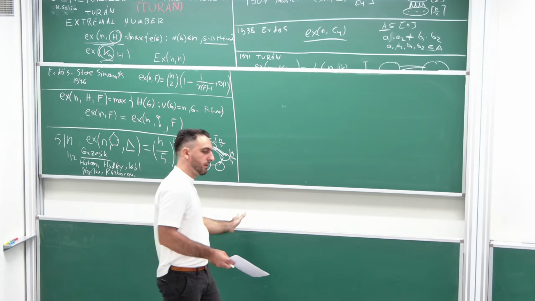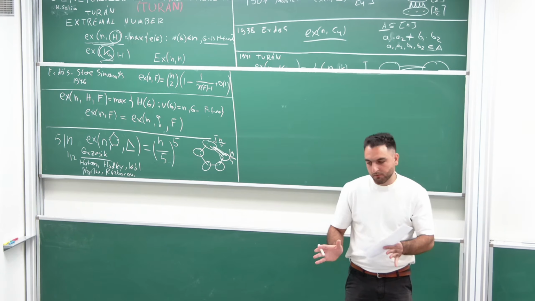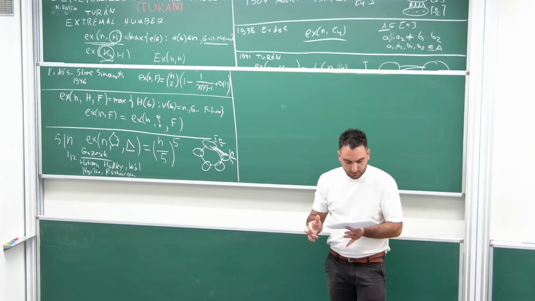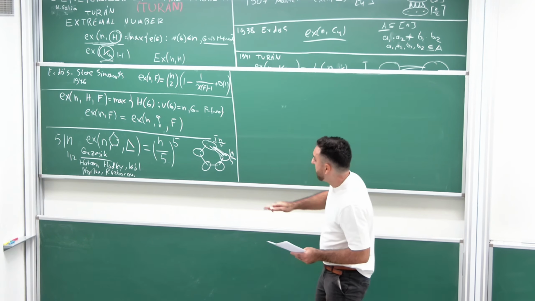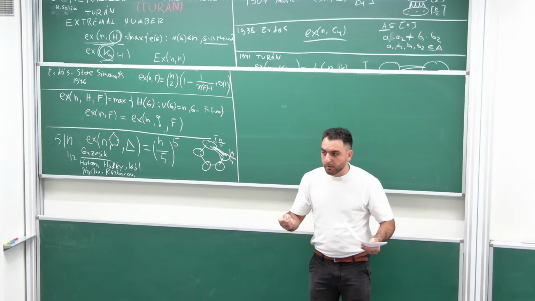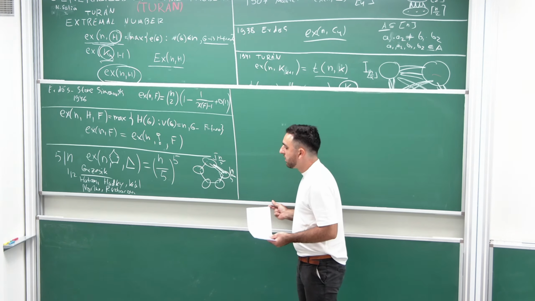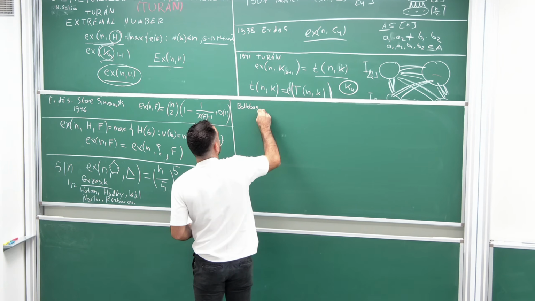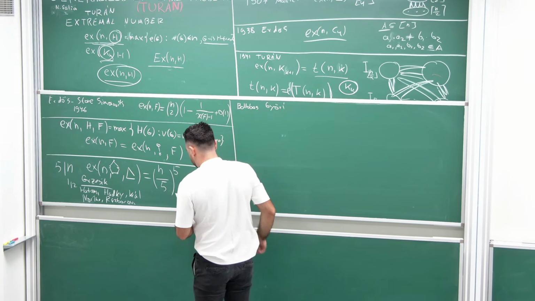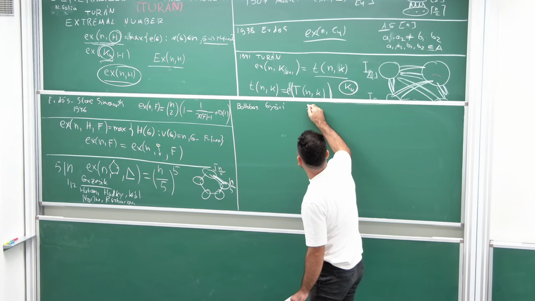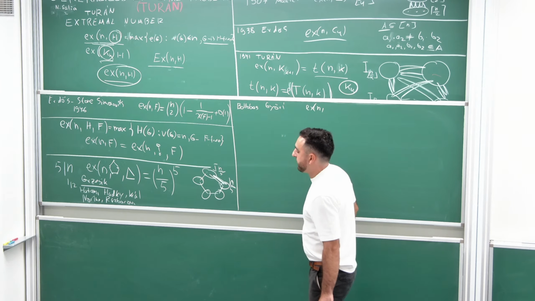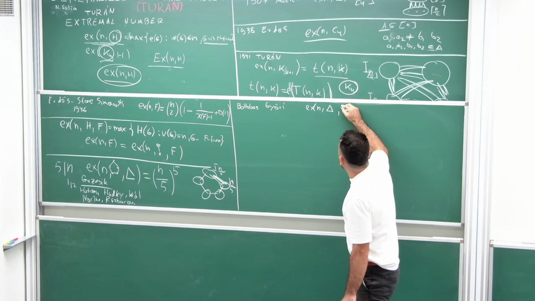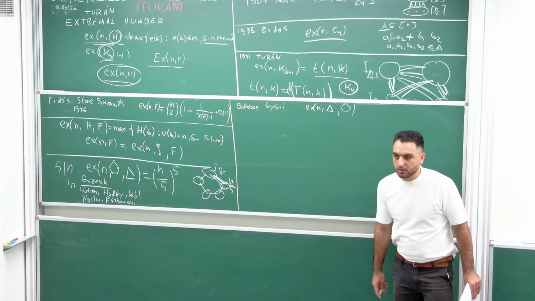So maybe for some people this talk will be here and there, because I want to show some results not in consecutive order. Before this problem was solved, while this problem was still open, Bollobás and Győri asked the following question: what happens if we do not forbid triangles, we count the triangles, with pentagons forbidden?